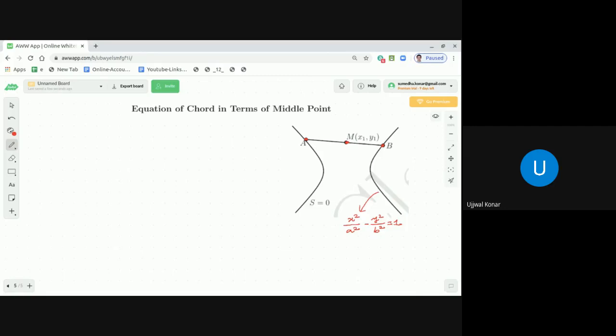With these two pieces of information, we are going to find the equation of the line AB. It is exactly like what we discussed in the case of the ellipse, and here I am going to just mention it. So, dear students, my statement will follow here.